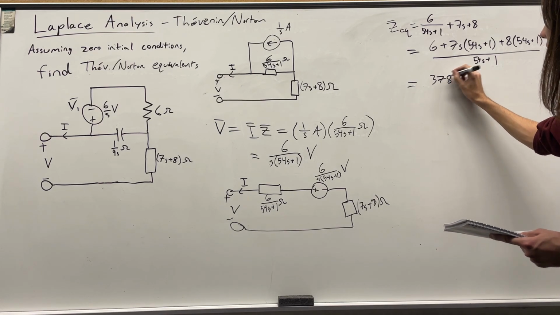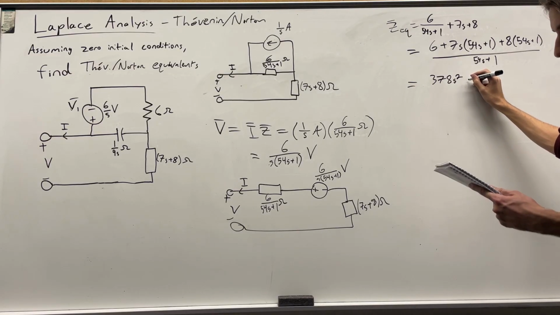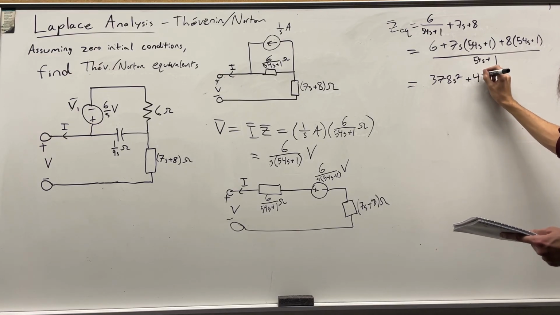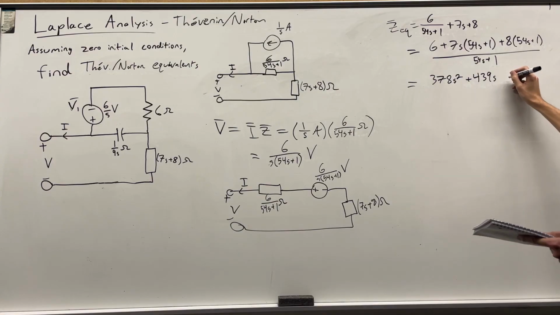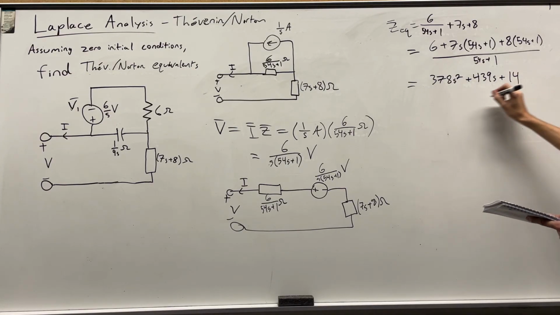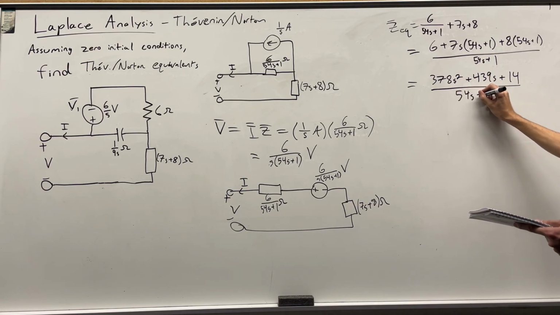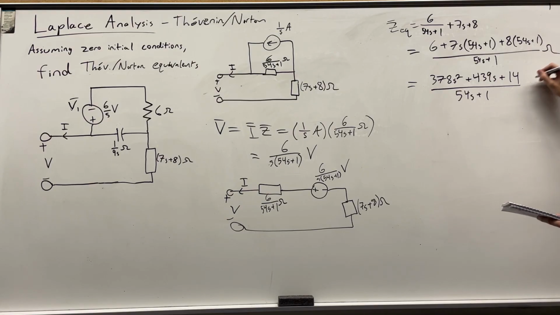So that'll simplify to 378s squared plus 439s plus 14 all over 54s plus 1, and these are ohms. Make sure on the exam you write down all of the steps, show all of your work.